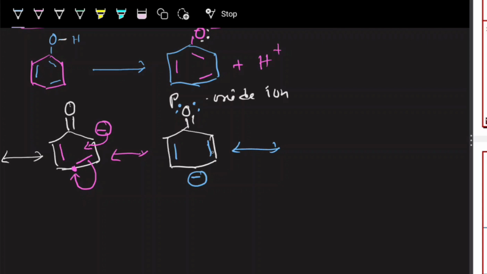Next, whenever this electron pair comes between these two carbon atoms, this electron pair will be repelled and moves to the next carbon atom, and we will get one more structure like this. Here the negative charge will be at this carbon, and the double bonds are formed here and here, double bond O, and this oxygen has two lone pairs.